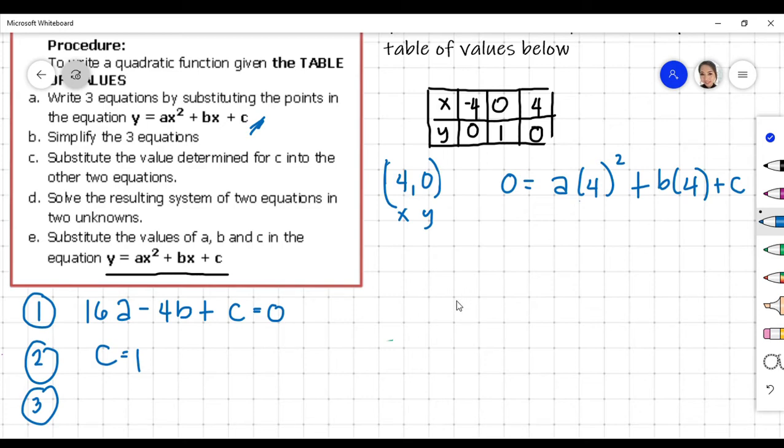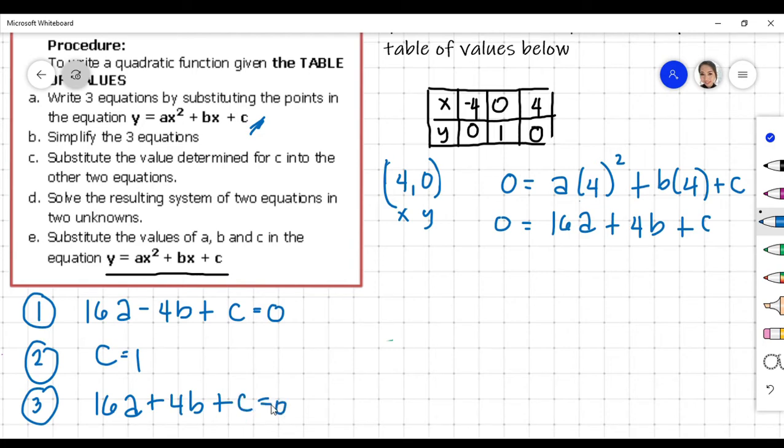Okay, so we have 0 equals 4 squared is 16, so that is 16a plus 4b plus c equals 0. Okay, we have 0 here, so it's very redundant. So for our third equation, that is 16a plus 4b plus c equals 0.